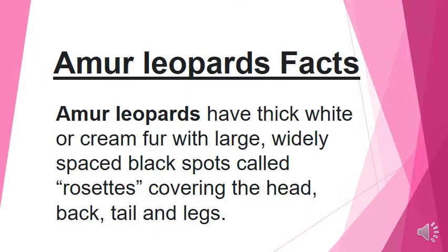Armor leopards have thick white or cream fur with large, widely spaced black spots called rosettes covering the head, back, tail and legs. So you have seen in the picture that armor leopards have rosettes which cover their head, back, tail and legs.